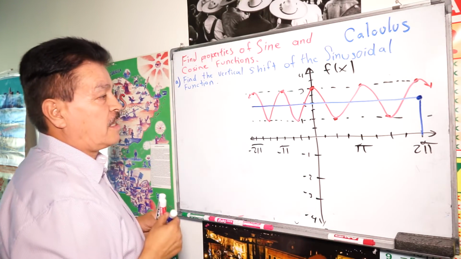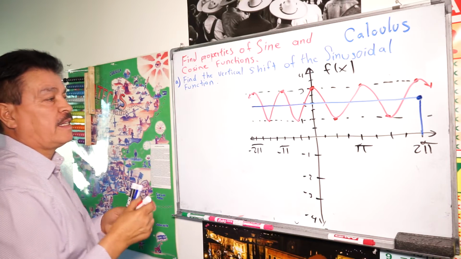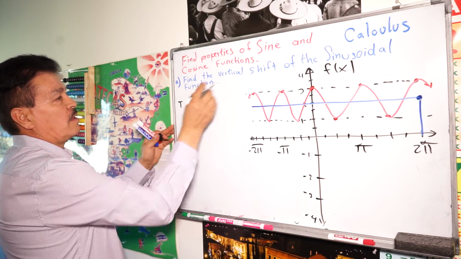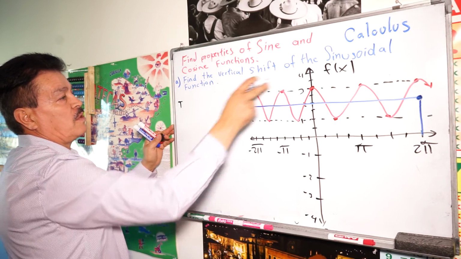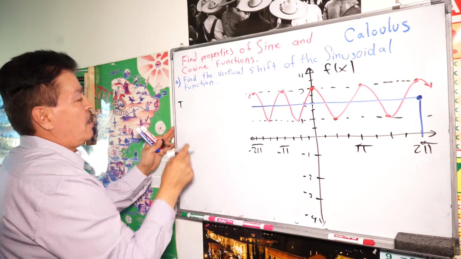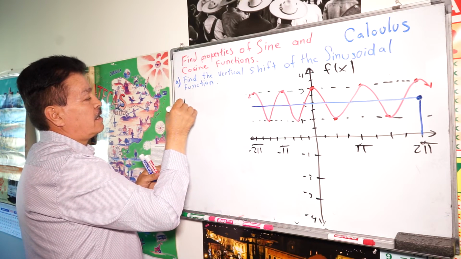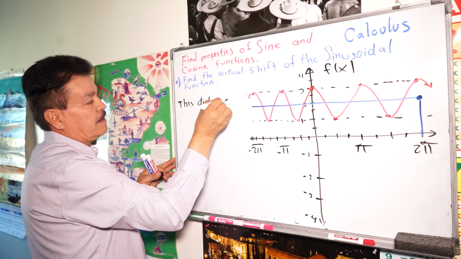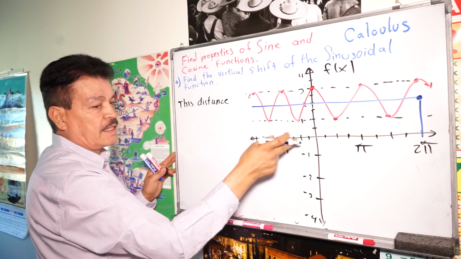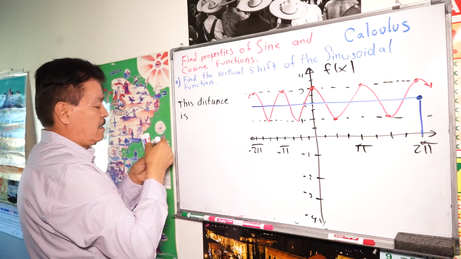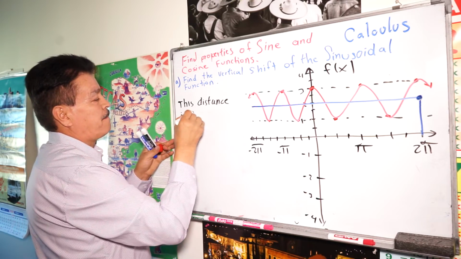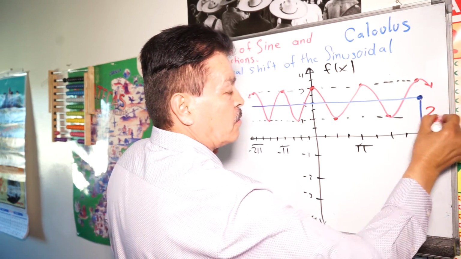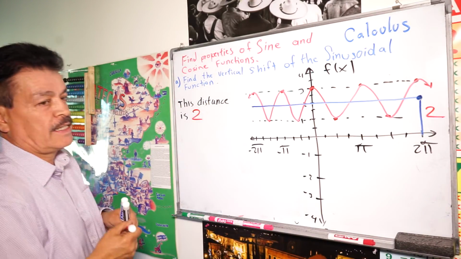In this case, let's write the answer: find the vertical shift of the sinusoidal function. The distance in this graph is 2. That's the distance.